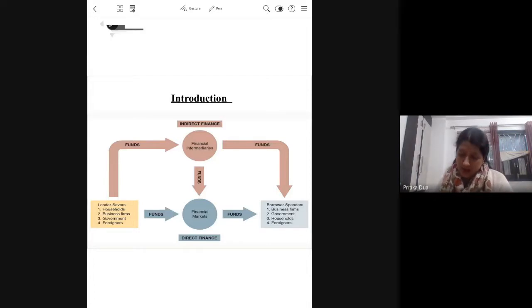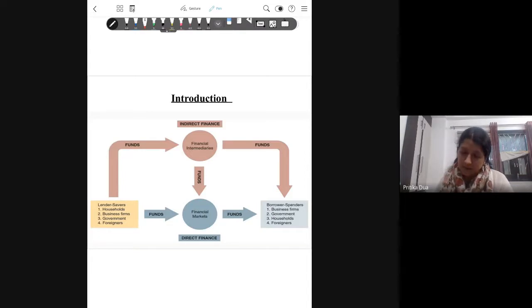So, here I have these surplus units, which can be your households, business firms, government, foreigners who have surplus funds with them, and through direct or indirect mechanism they transfer these funds to the deficit units or the borrowers, who again can be business firms, government, household, or foreigners.